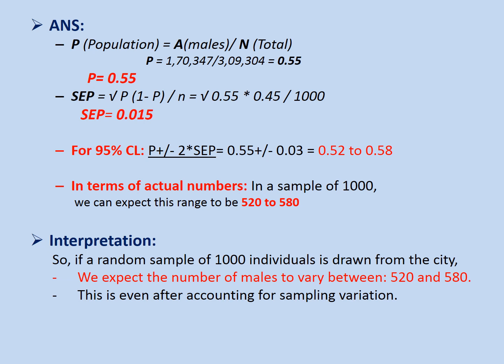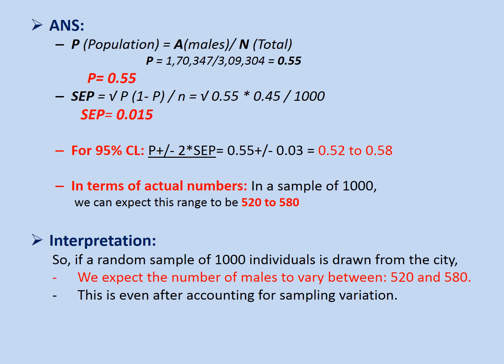Now in terms of actual numbers, you have to convert it to how many persons, or how many males, out of the sample of 1000. If we multiply each confidence limit by 1000, we get 520 to 580.